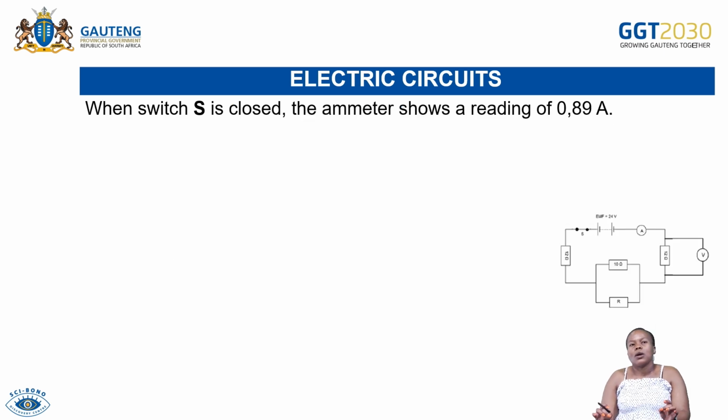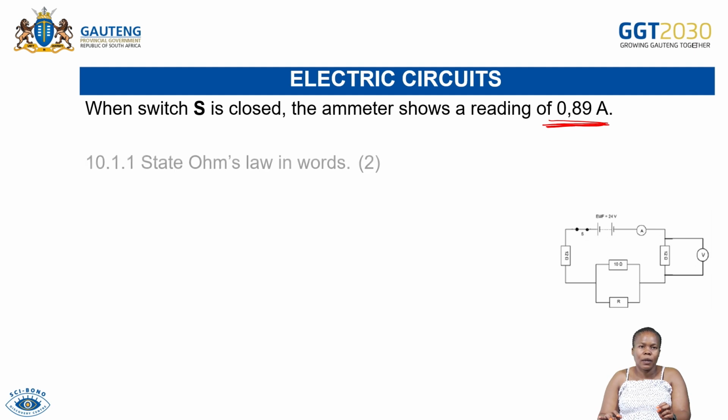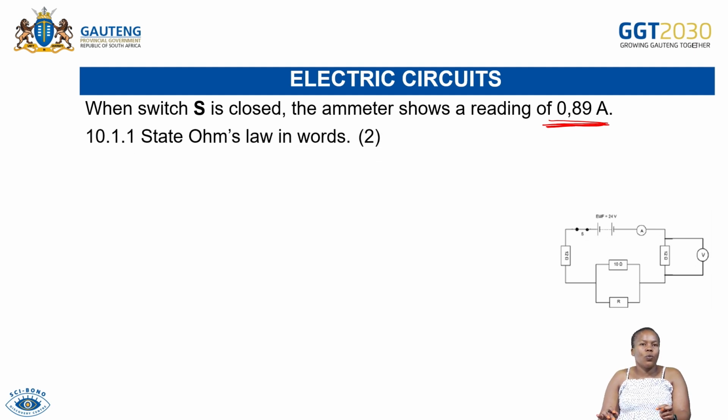Now they say when the switch S is closed, the ammeter shows a reading of 0.89 amperes. State Ohm's law in words. It's all or nothing. State it correctly, then 2 marks. Don't state it correctly, 0 marks. There's no part marking.